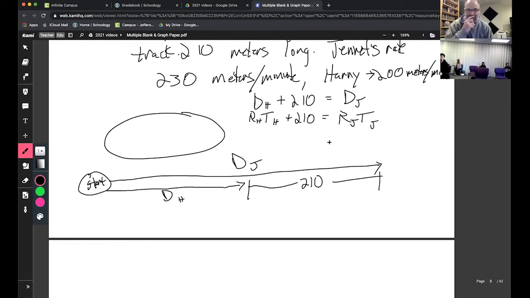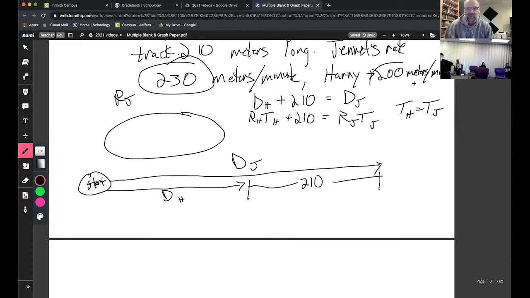All right, and it does look like their times are the same again. So I'm going to say time of H equals time of J. And it does give us our rates, 230 for Janet.